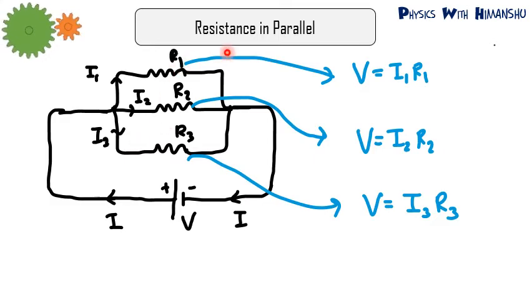So in the first resistor the potential difference V will be I1R1, in the second resistor V will be I2R2, and in the third resistor V will be I3R3. And if you see, the potential difference across R1 will be equal to the potential of the battery, because between the battery and the resistor there is no other electrical component. So V equals I1R1, V equals I2R2, and V equals I3R3. All these three equations are important when you solve questions related to finding current in an individual resistor.